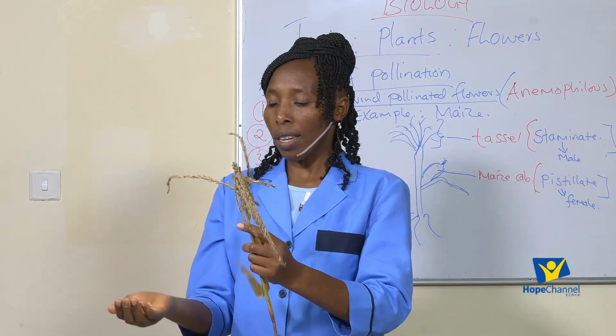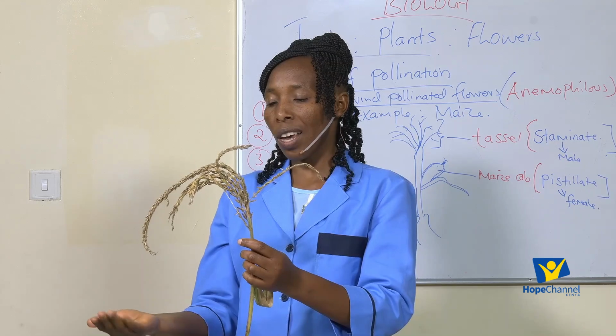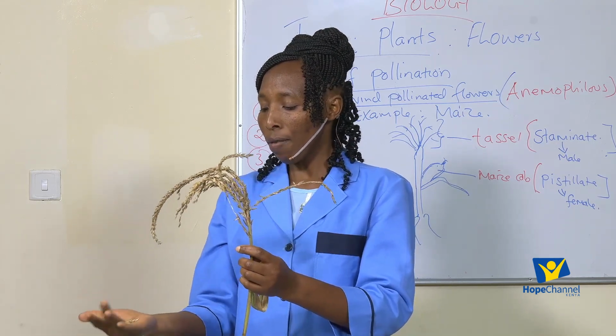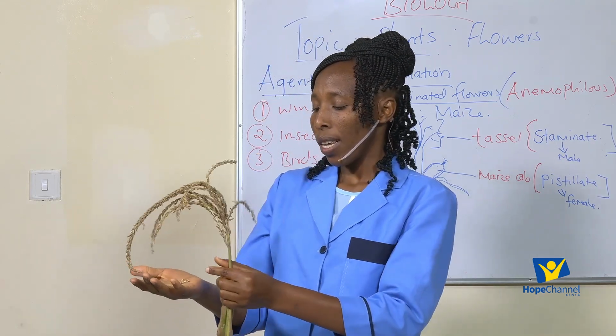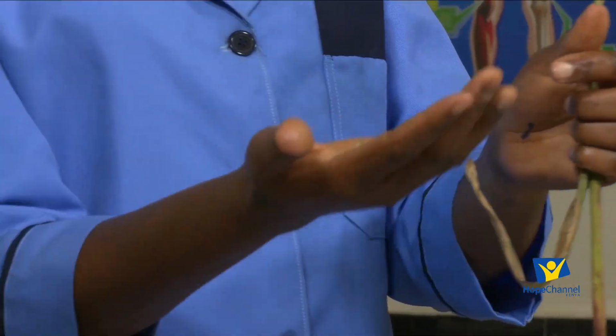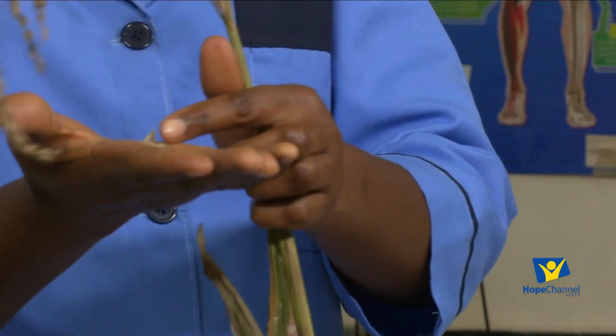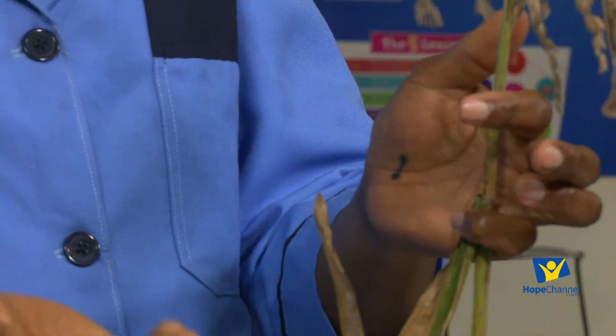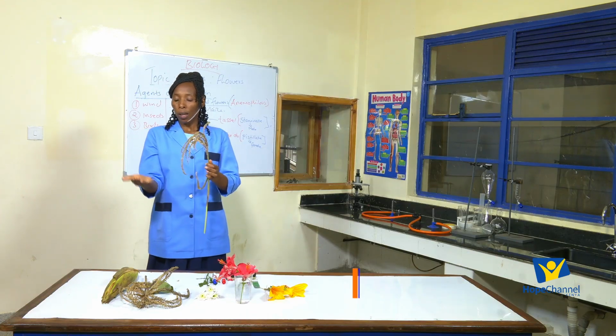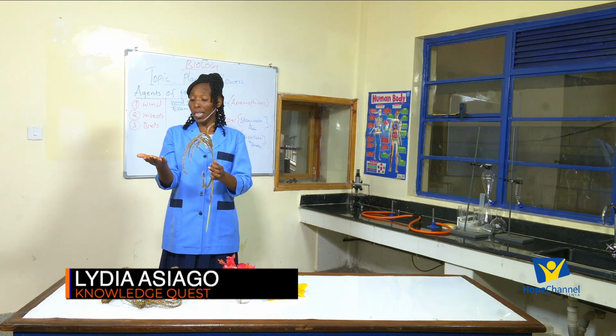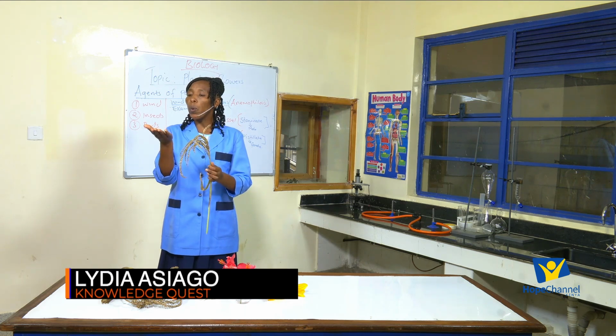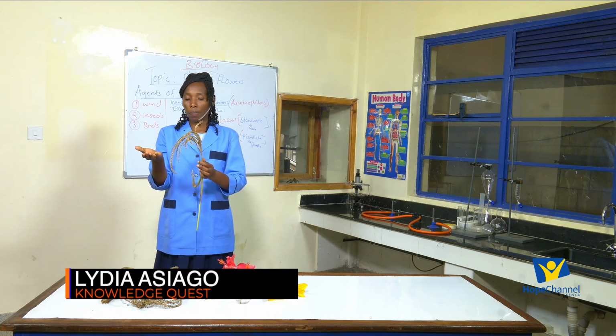So you realize that the pollen grains, when they are produced, they are very light. They are very small and very light, such that if they are blown by wind, they can be easily carried. For example, if I was to blow these ones, we can see they can be carried by wind easily, see? Okay? So that means they are light.